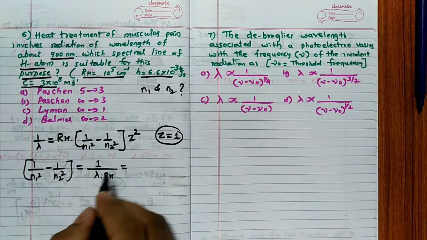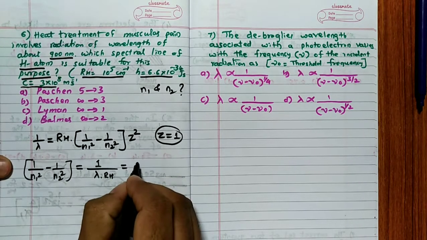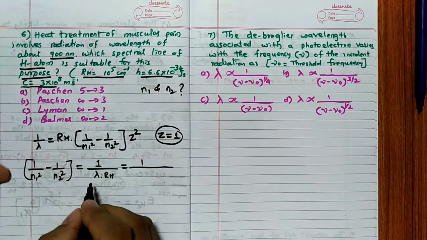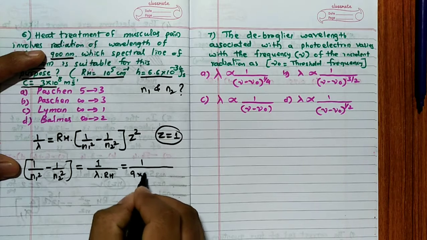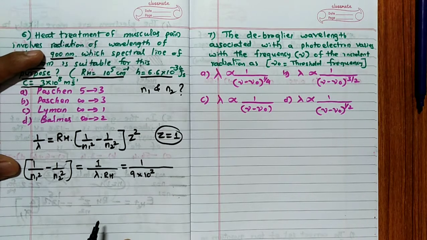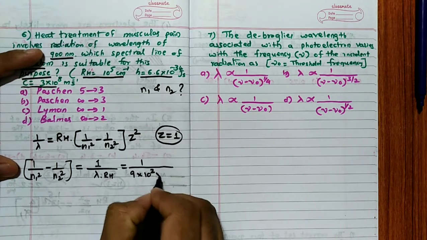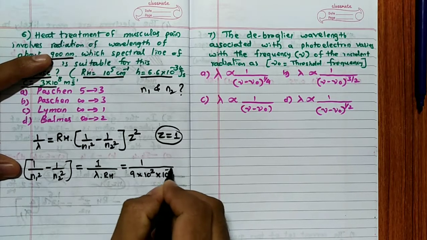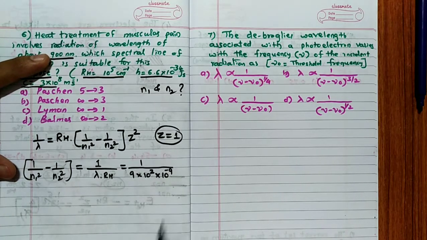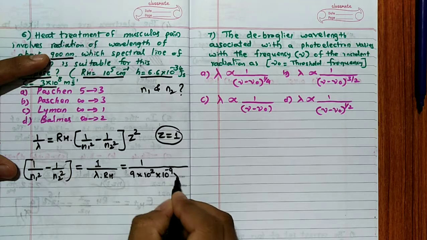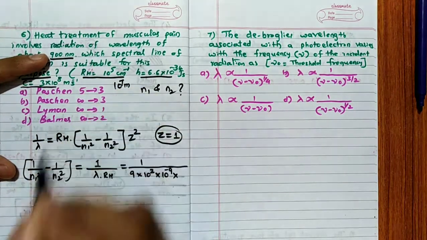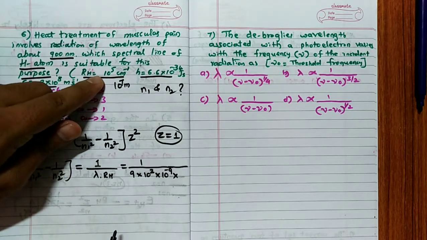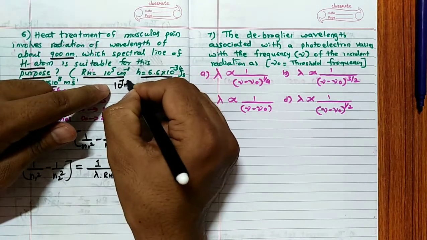So 1 divided by lambda into RH. Correct? 1 divided by lambda, where lambda is 900 nanometer. I will write this as 9 into 10 to the power 2. So 9 into 10 to the power 2 into nanometer, which means 10 to the power minus 9. So this is in meter. Hence, RH also I will take in meter, as 10 to the power 7, because 10 to the power 5 per centimeter is 10 to the power 7 per meter.